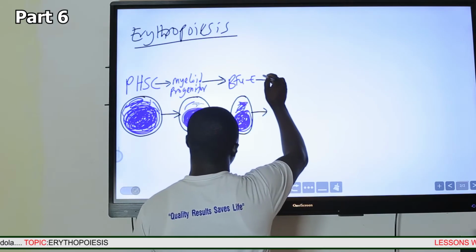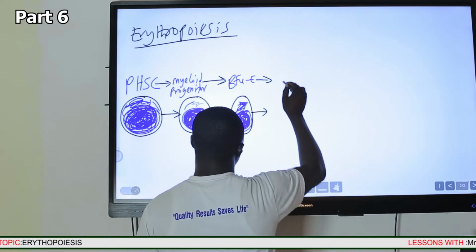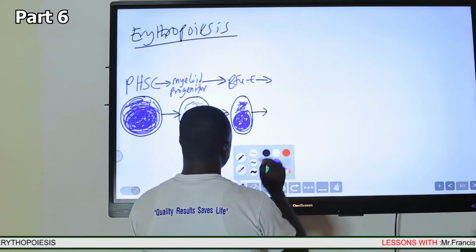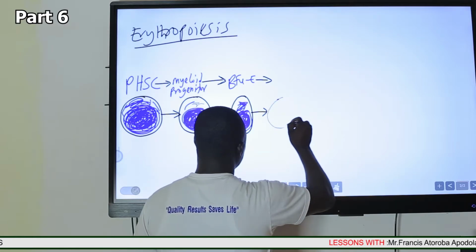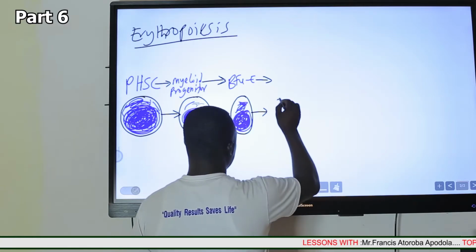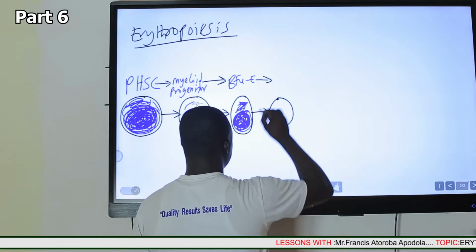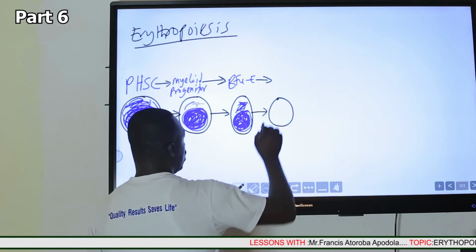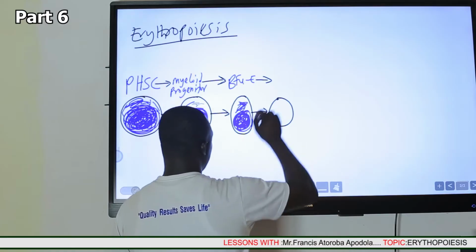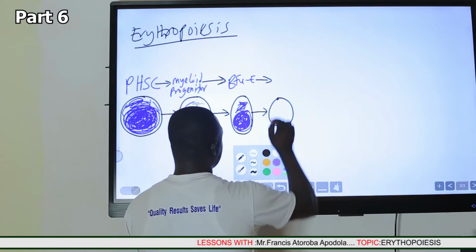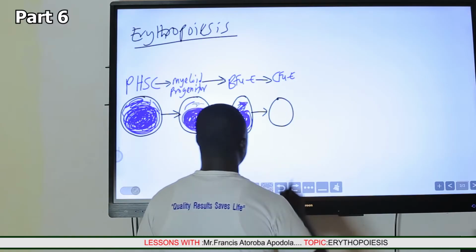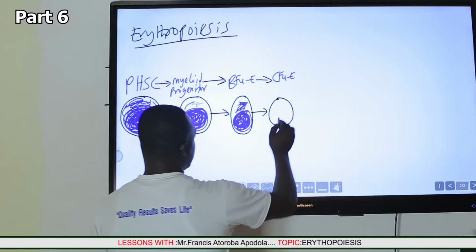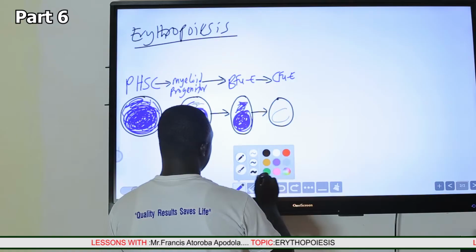Then the burst-forming unit erythroid will now give rise to the colony-forming unit erythroid. So what we have here is the colony-forming unit erythroid.